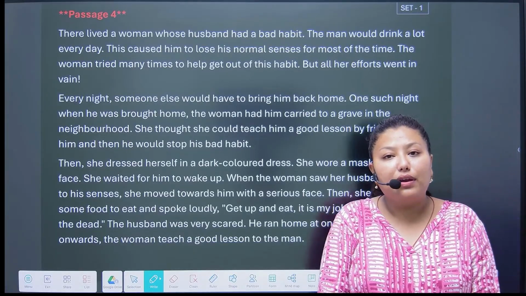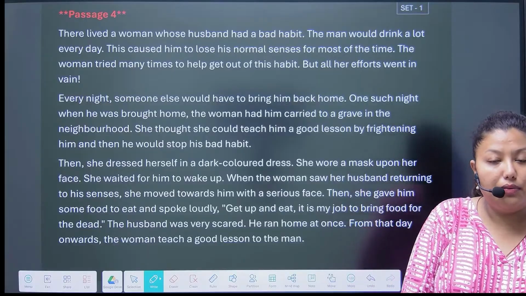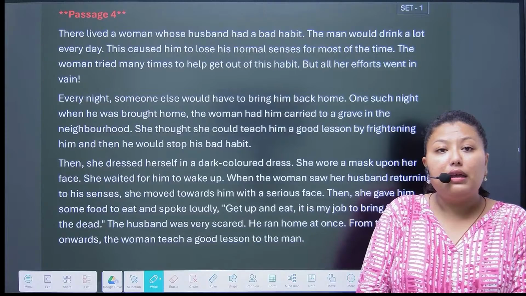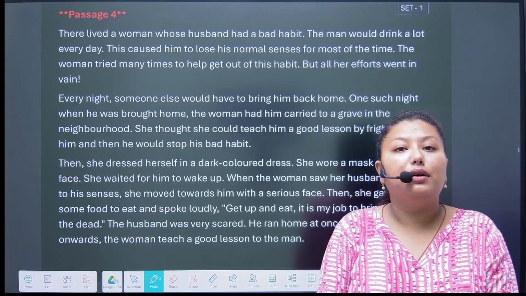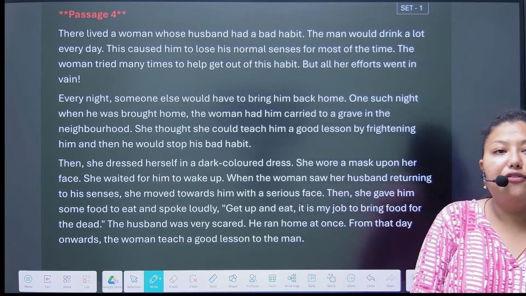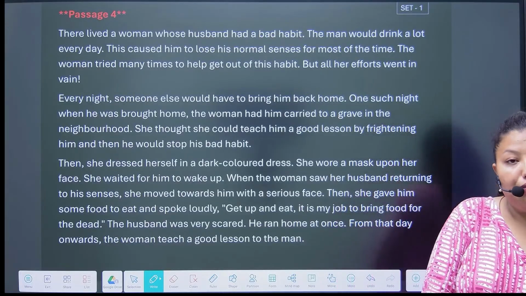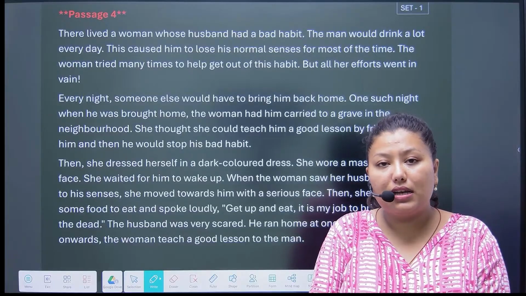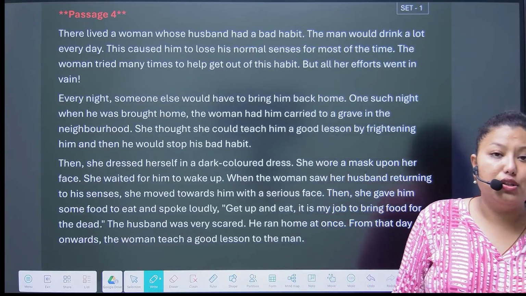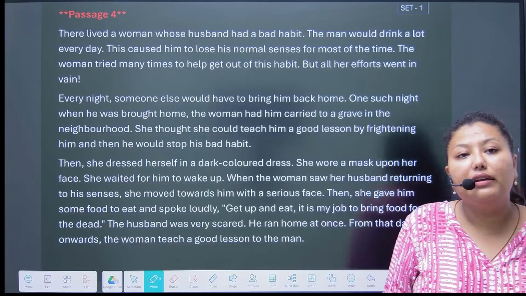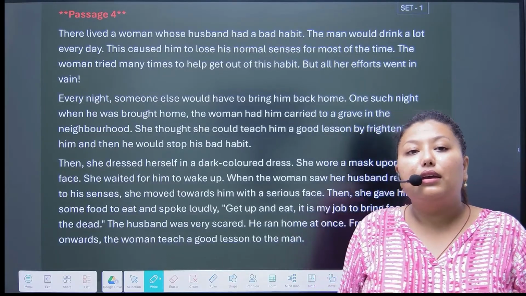Grave is a place where the dead people are kept. She thought she could teach him a good lesson by frightening him, and then he would stop his bad habit. So that wife was very annoyed with her husband.